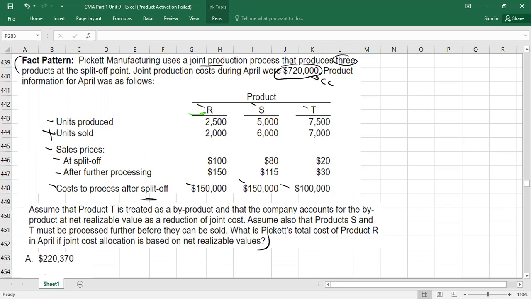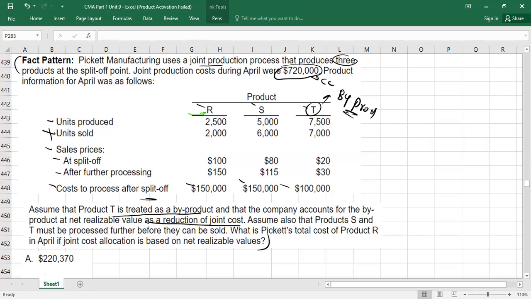Then he told you, assuming that product T is treated as a byproduct. I'm writing T is byproduct. Then the company accounts for the byproduct by adding the net realizable value as a reduction of joint cost. So for the byproduct, we have to check whether we are going to process further or not.